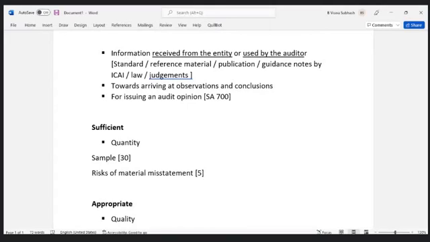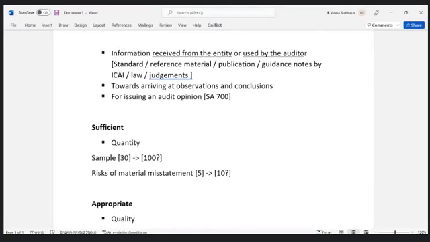Now, since we have observed it in 5 instances, do we apply the same logic to all the 30 samples? Do we go back to all the 30 samples and see this? Or do we increase the sample size to a much higher number and see how many more such instances will come? Okay, so this is sufficiency.